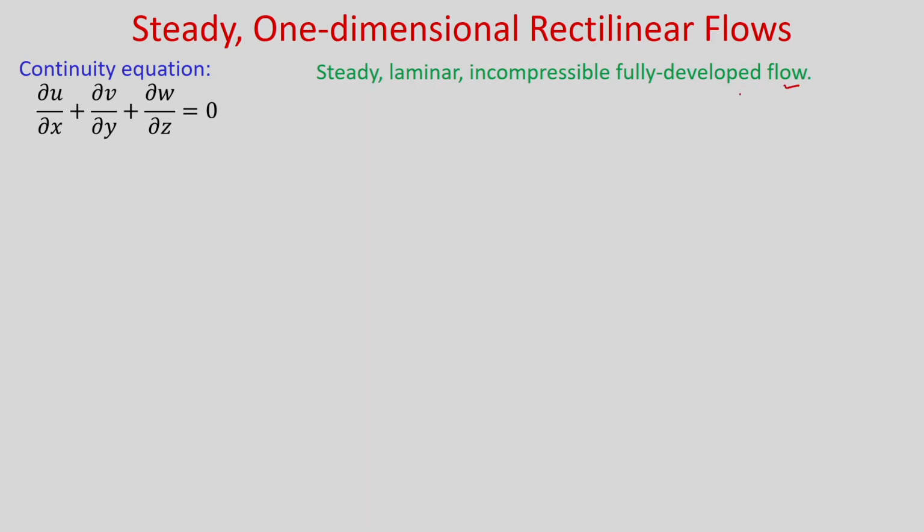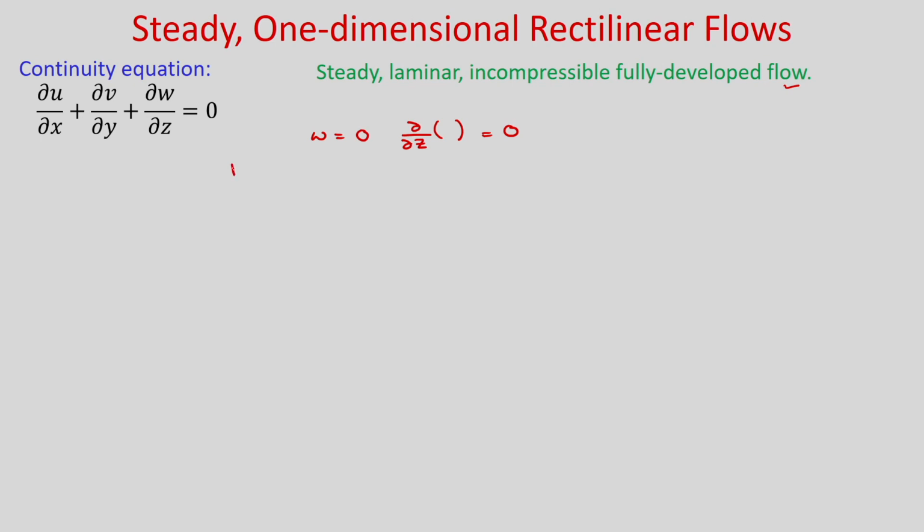So, you can see that we are considering one dimensional rectilinear flow, and in the third direction, let us say that in the z direction it is infinite and w velocity is 0, and the gradient of any quantity in the direction of z is 0. Okay. So, del by del z of any quantity is 0 as it is infinite in the z direction.